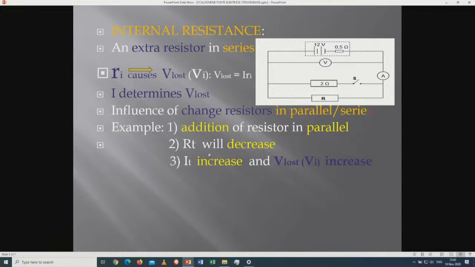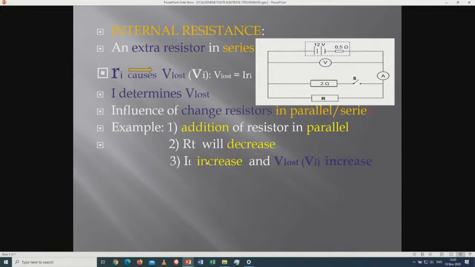But my example now is you add a resistor in parallel, then the total resistance will decrease, and if the total resistance decreases in the circuit, the total current will increase. That's very important. It is not just the resistance that will decrease, because there are a lot of resistors in a circuit. It is about the total resistance that decreases. And the very important fact, therefore, is that the total current in the circuit, not just the current in a certain branch, but the total current will now increase.